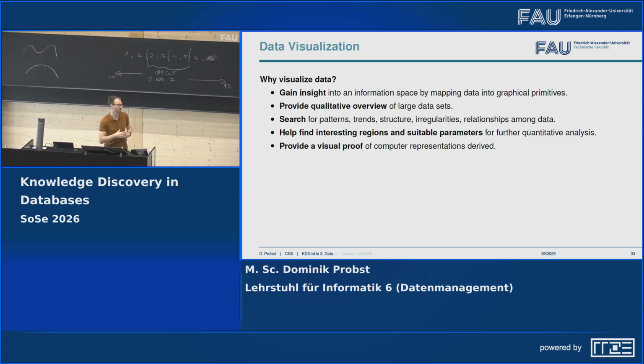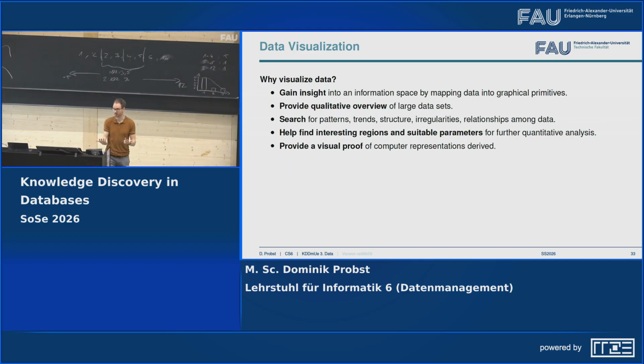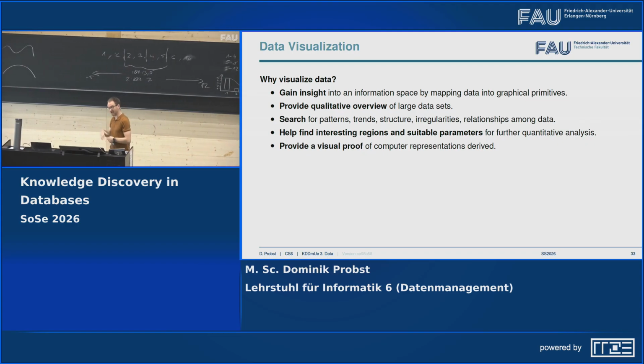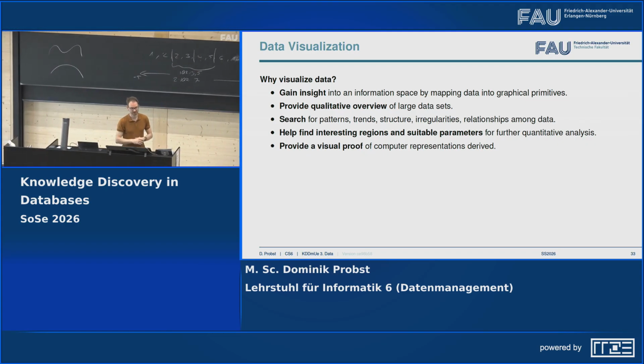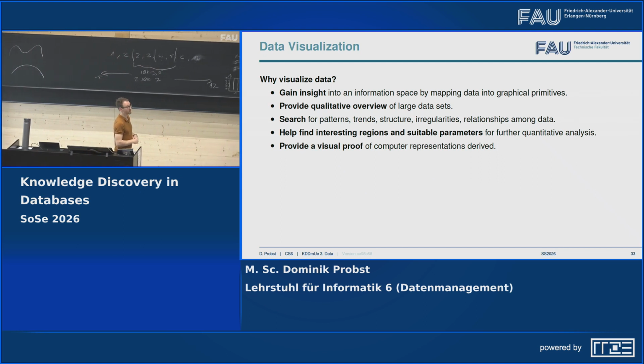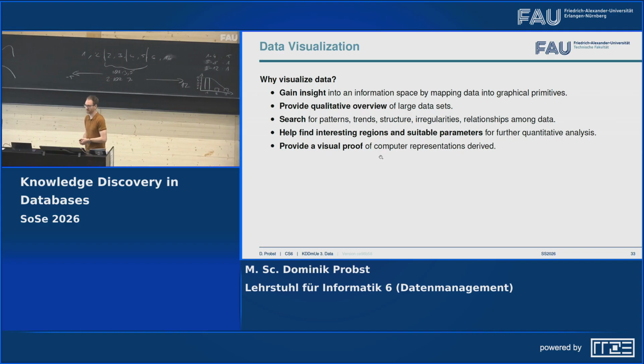Of course, they provide an overview. Visualizations always provide an overview over data. And they can show us patterns and trends easily. And often they also provide some kind of visual proof because we can comprehend the thing more easily, which is nice.